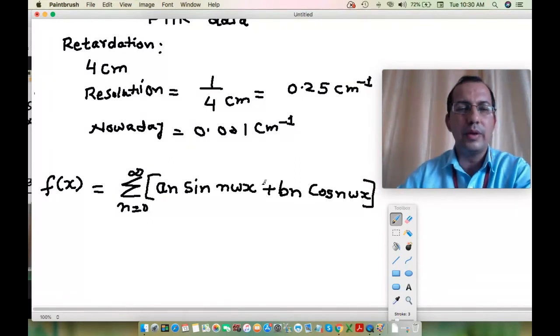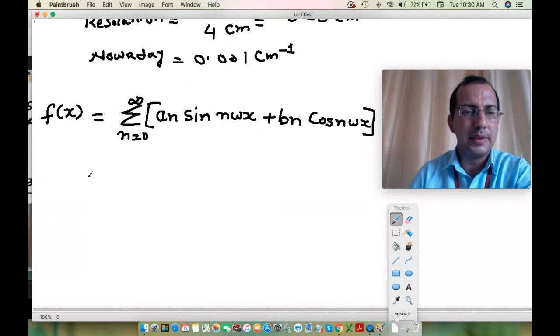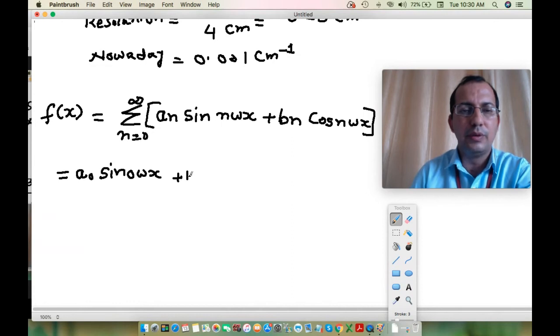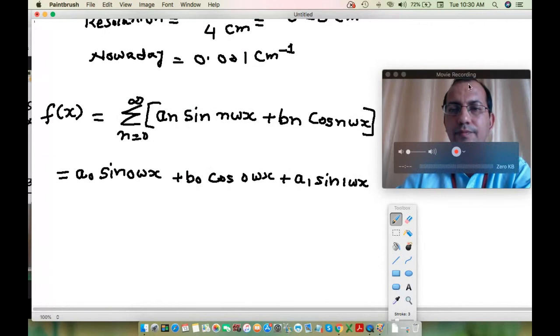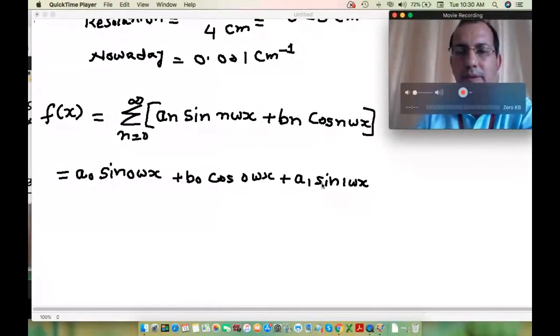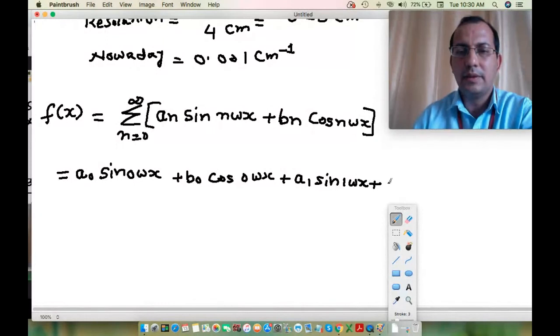So what you would have in this case is that if you put here the expression a0 sine of 0 omega x plus b0 cos of 0 omega x, and then plus, when you put 1, it will be a1 sine of 1 omega x, and then you have plus b1 cos of 1 omega x plus so on.